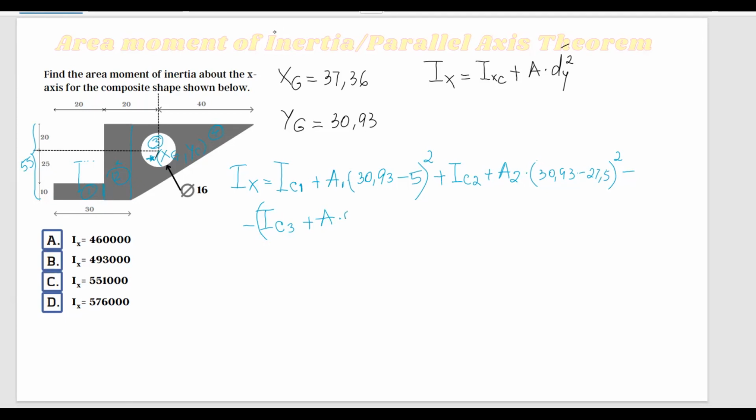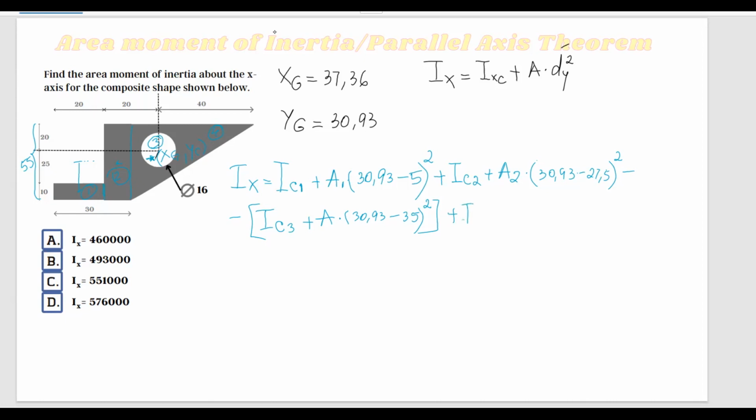So I get 3093 minus, and this distance is 35. And it's okay that it's negative because we're going to square that. Let's put the square parenthesis. Great. Now moving forward, we're going to add the area number 4.